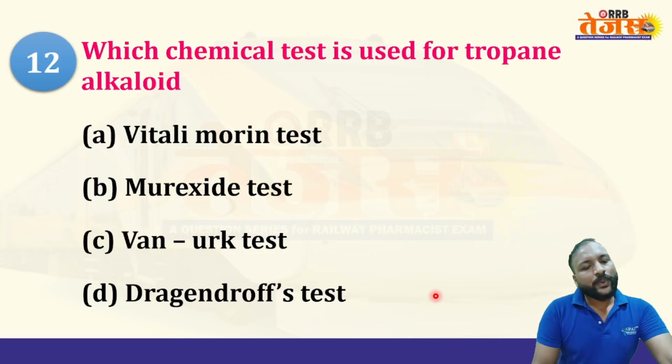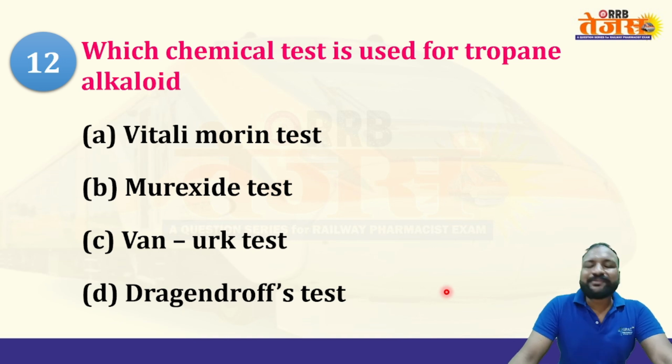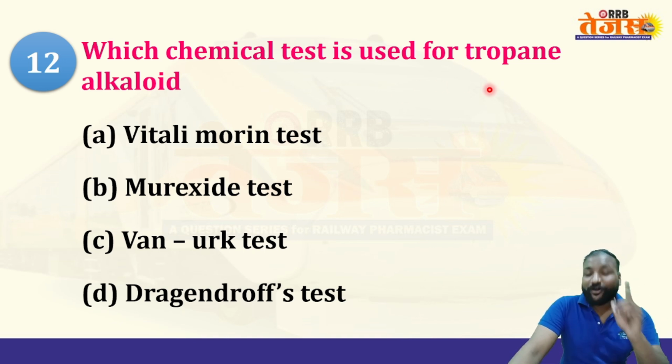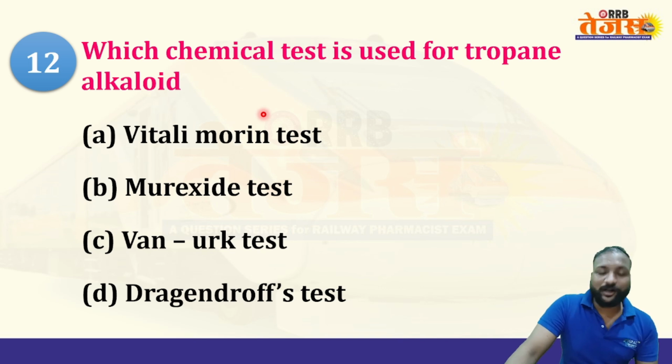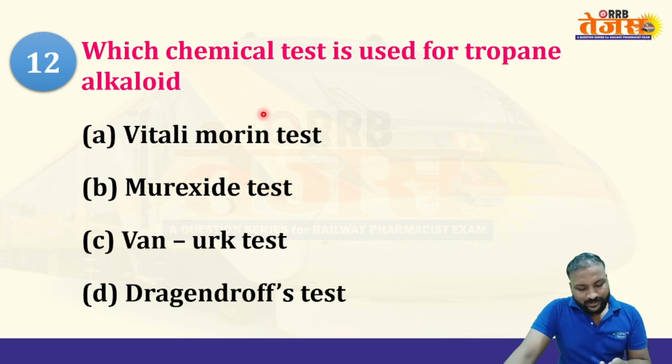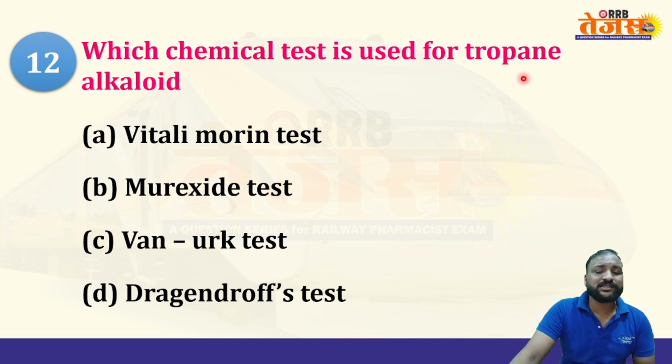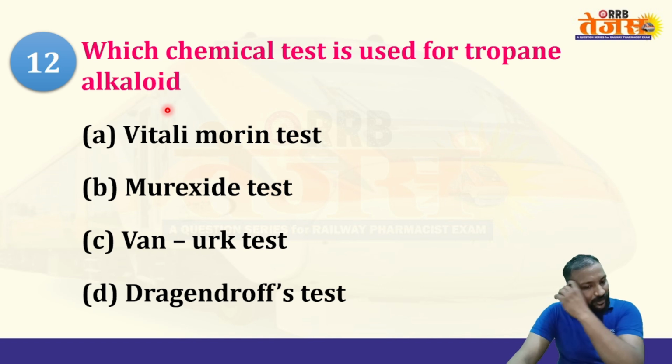Yes. Next question in the series: which chemical test is used for the tropane alkaloid? Option A, Vitali-Morin test, B, Murexide test, C, Van Urk test, and D, Dragendorff test.